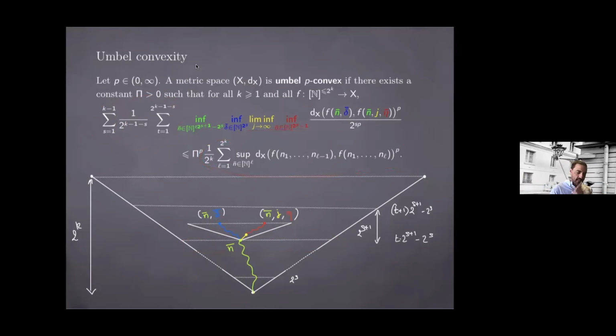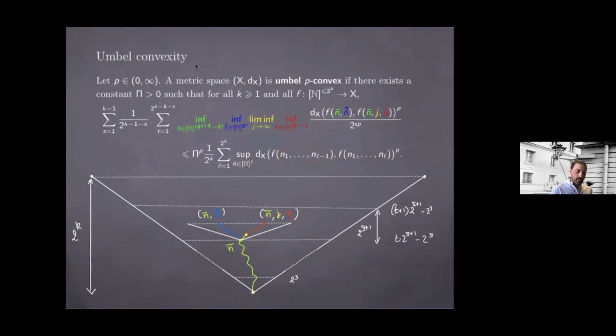So what is the right-hand side? The right-hand side is easier. You fix a height in your tree. So let's say that you're here, and then you look at the distance between images of these two vertices. These vertices are edges between level L and level L minus 1, okay?